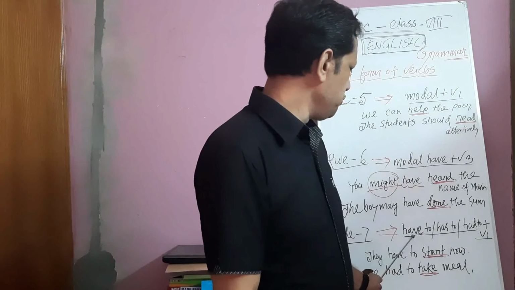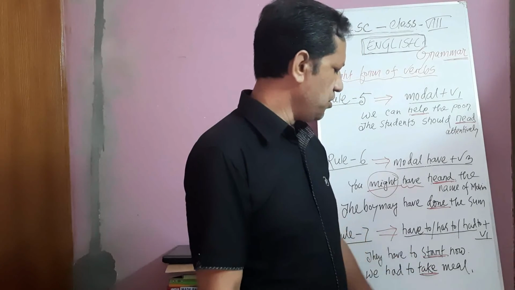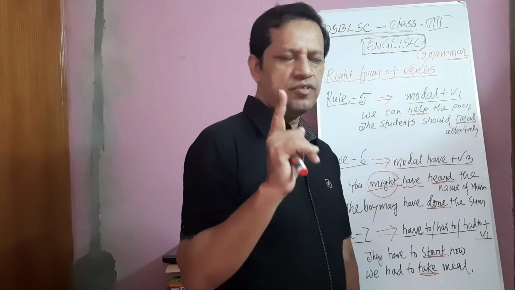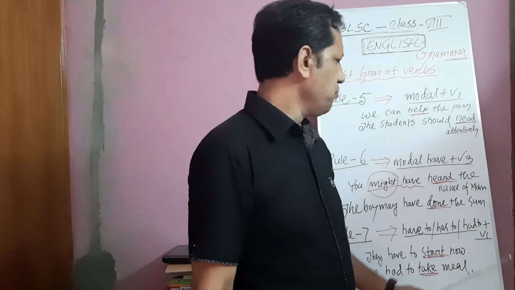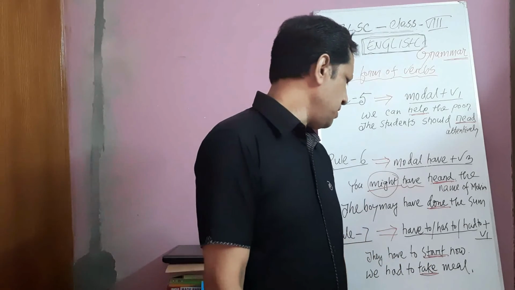Here have to, has to, had to, this type of verbs are modal verbs, and after these modal verbs you have to use the V1 form of verbs or present form of verbs.